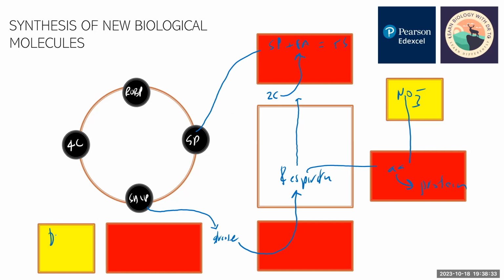And then phosphate from the soil and carbon 4 products from the Calvin cycle together can produce DNA and RNA.